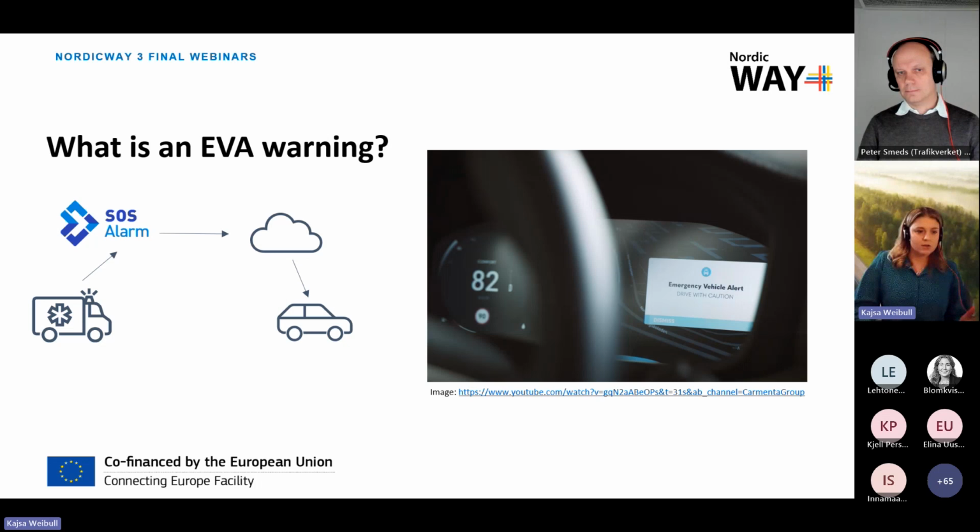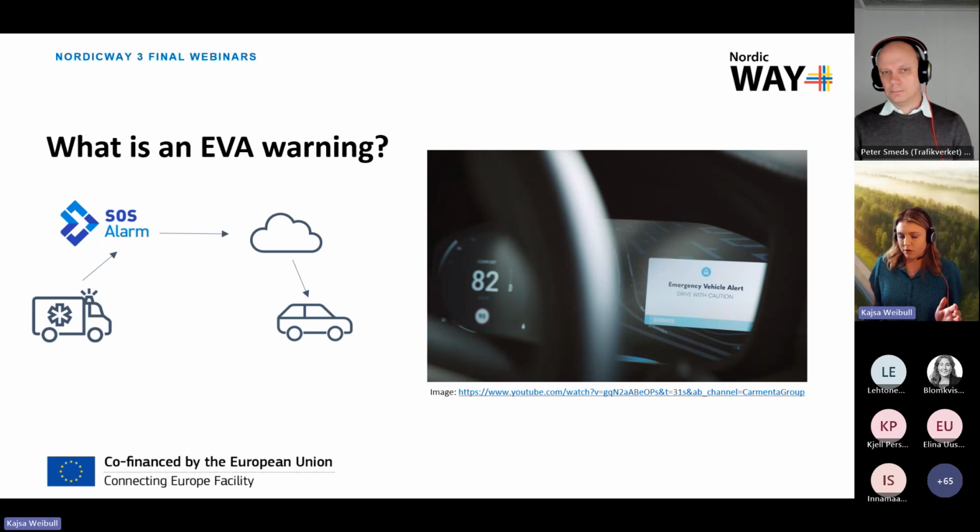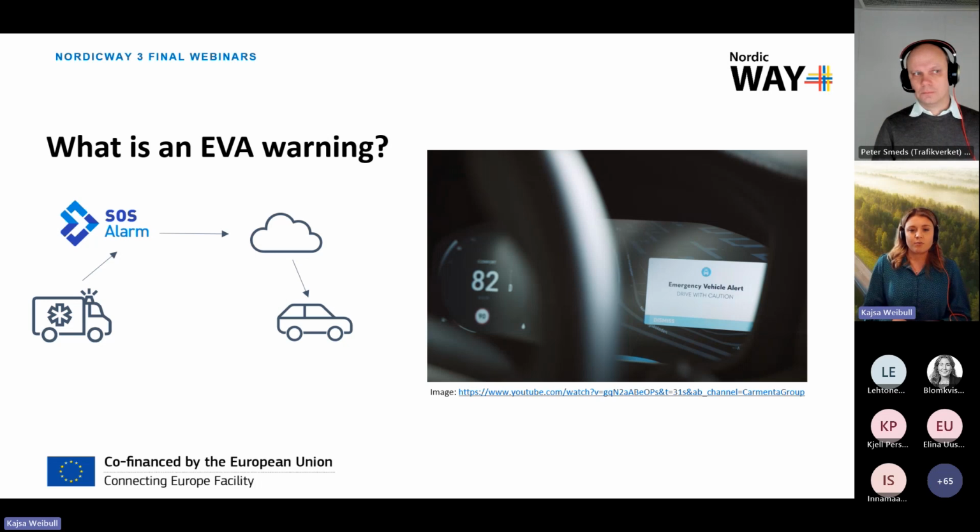So via SOS Alarm, we have the positions of all the emergency vehicles, but we also have the information about the final destination of the emergency vehicles, meaning that via Carmenta Traffic Watch we could calculate what the most probable path is. So we can get the information of where the emergency vehicle is likely to travel and therefore warn the drivers that are traveling on the same path.